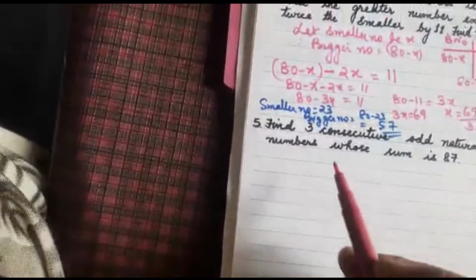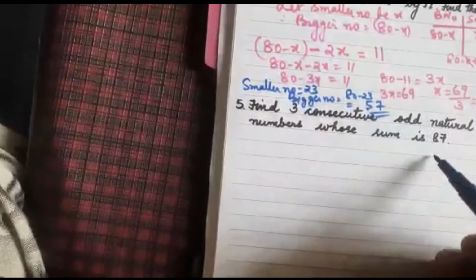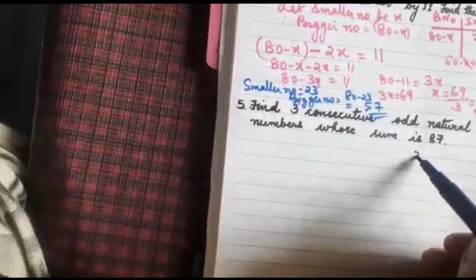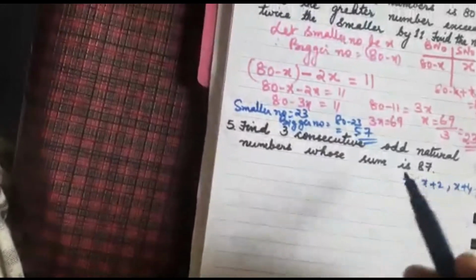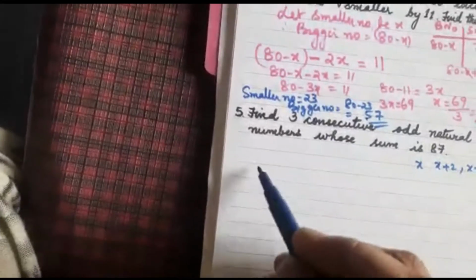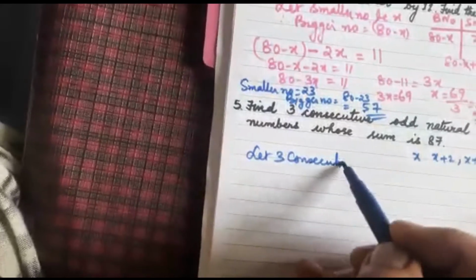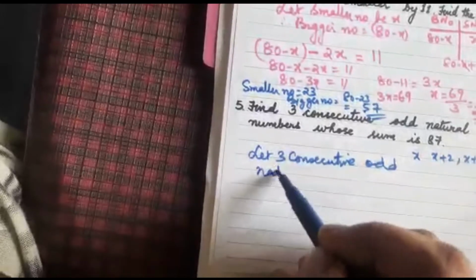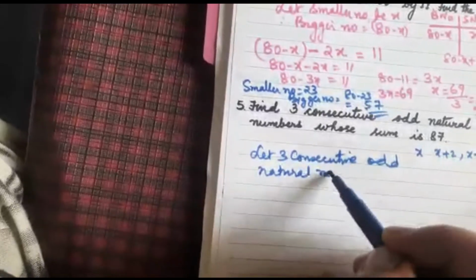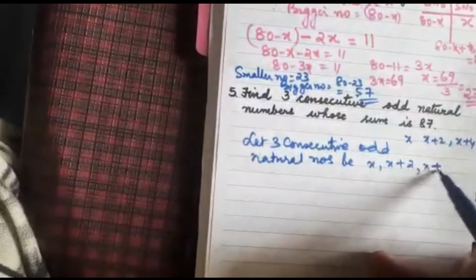Now find three consecutive odd natural numbers. Odd natural numbers I told you. Three consecutive: x, x plus 2, x plus 4, isn't it? Their sum is 87. So let three consecutive odd natural numbers be x, x plus 2, x plus 4.